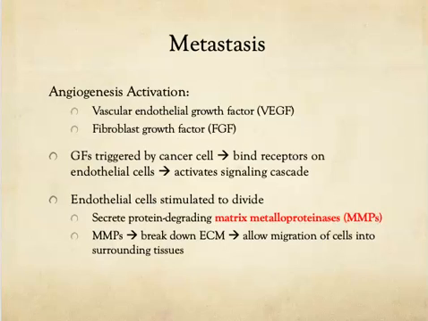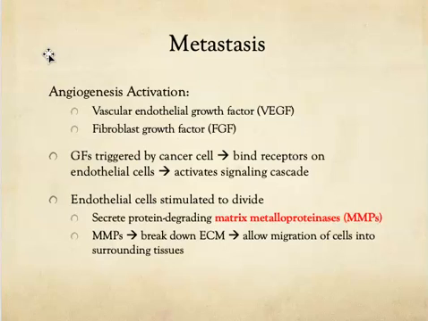So let's imagine that cancer cells have arrived and have begun to proliferate in this secondary location, and we have a change in the angiogenesis balancing act. We have a reduction in the inhibitory chemicals and an increase in the stimulatory chemicals. Angiogenesis activation has begun.